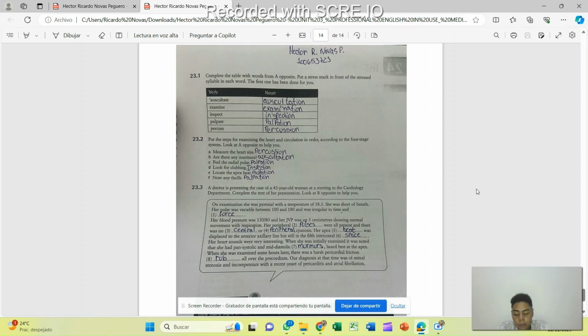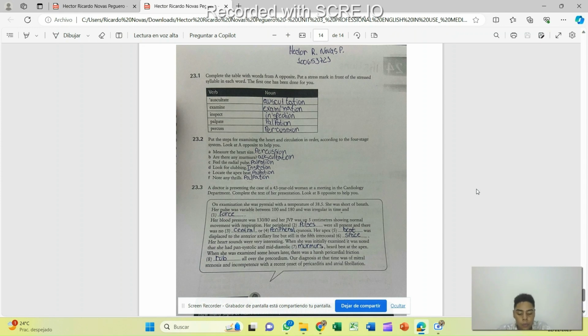23.3 A doctor is presenting the case of a 43-year-old woman at a meeting in the cardiology department. On examination, she was hypertensive with a temperature of 38.5. She was short of breath.